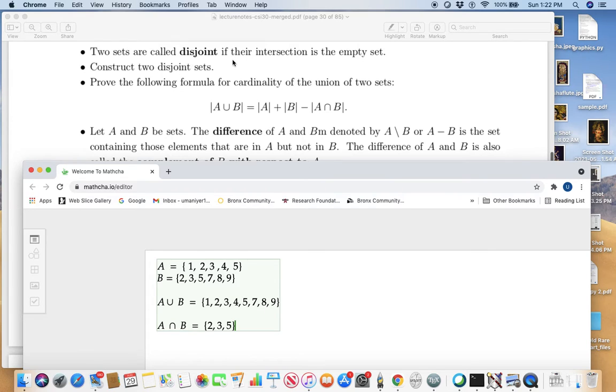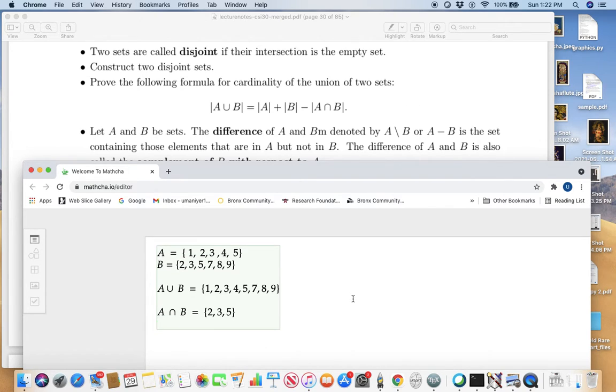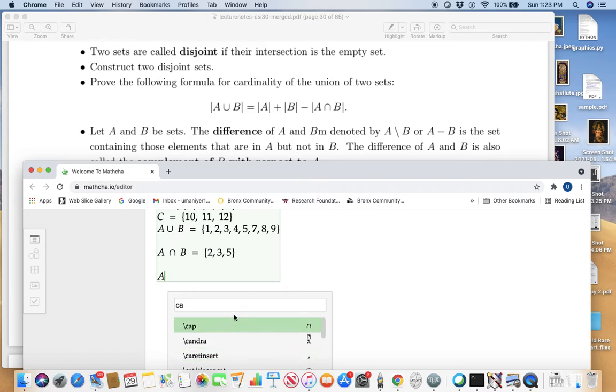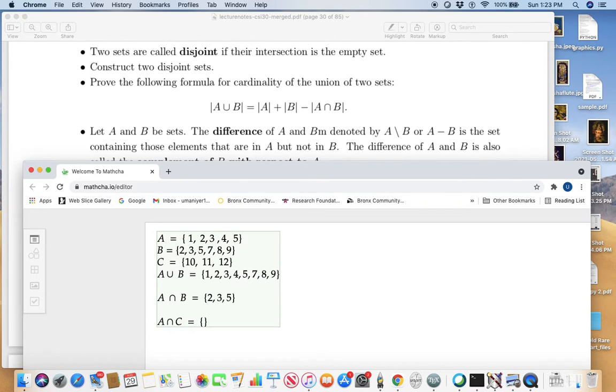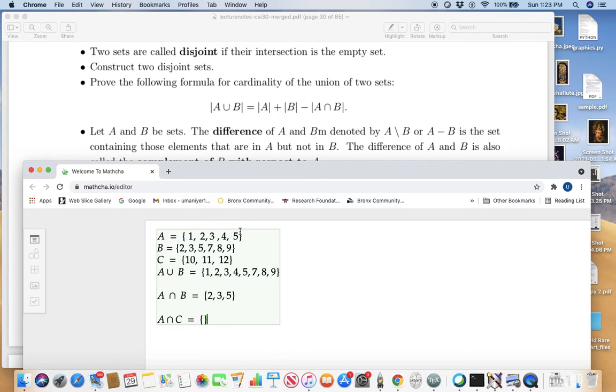Two sets are called disjoint if their intersection is empty. So let's see. Suppose I take another set C. C consists of 10, 11, 12. Notice there is nothing common between A and C. A is 1, 2, 3, 4, 5.